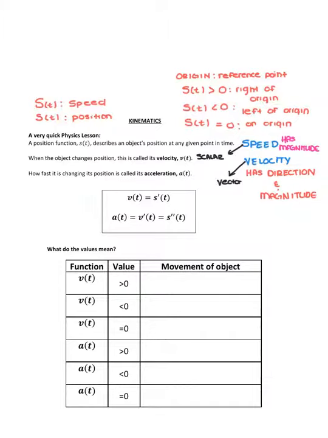So as you can see here, velocity is the derivative of the position function, right? So I'm given a position function, I take the derivative, that rate of change. The rate of change of your position function is velocity, right? Likewise, the rate of change of your velocity is your acceleration.